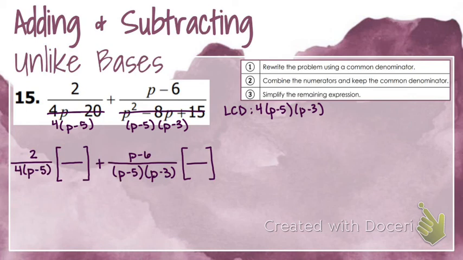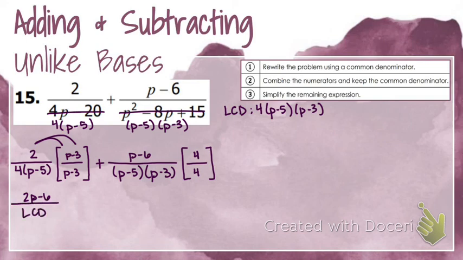Okay, so to get from 4 times p minus 5 to our LCD, we had to multiply by p minus 3. And then to turn our second denominator into our LCD, we had to multiply by 4. So now we have 2 times p minus 3, 2p minus 6. There we go.